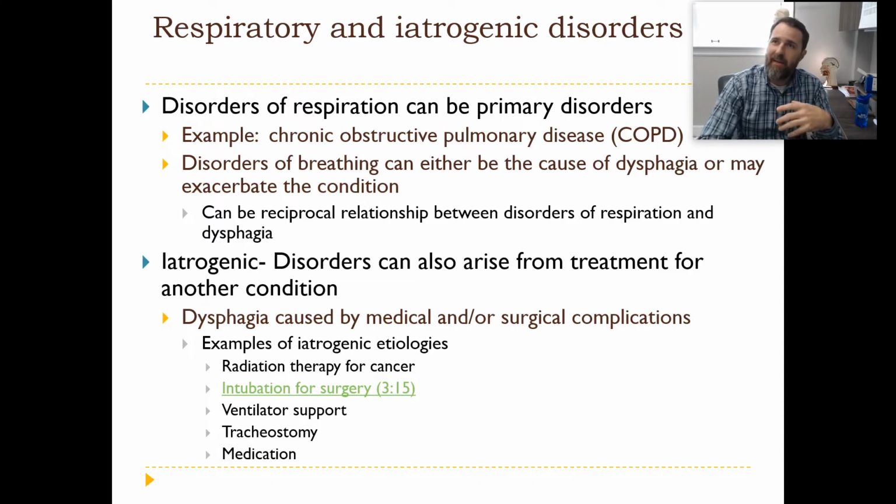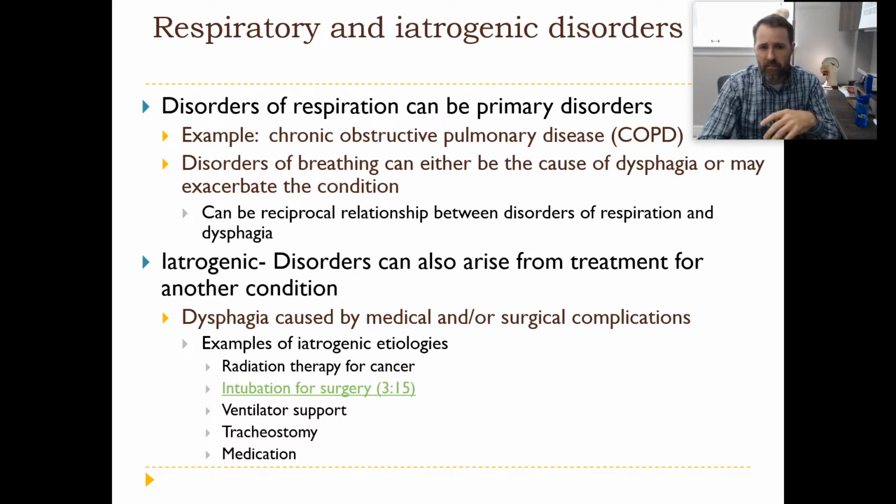So when we talked about the fibrosis of the musculature of the head and neck that creates dysphagia or creates mastication problems, that would be caused by the radiation that is the treatment for the cancer.